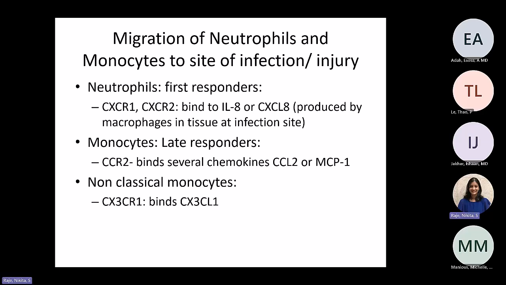There are also non-classical monocytes, instead of the CCL2 or MCP1, which is an inflammatory chemokine. The monocytes with non-classical phenotype have the CX3CR1 receptor on them that will bind to the chemokine CX3CL1.